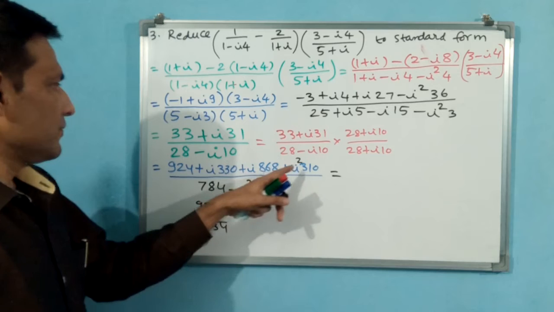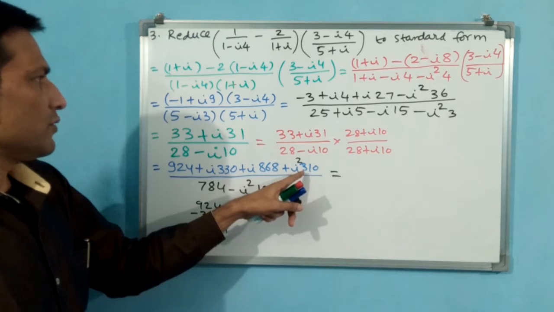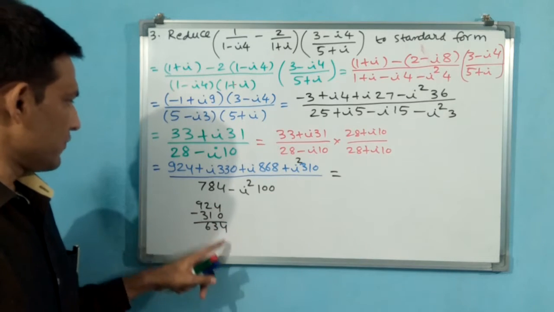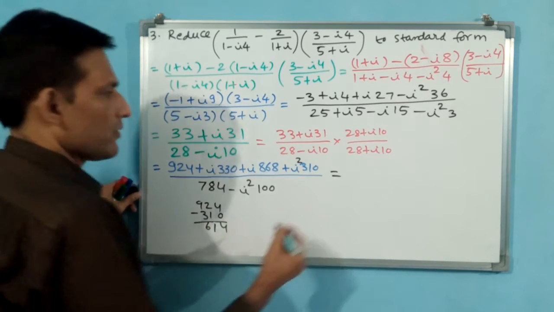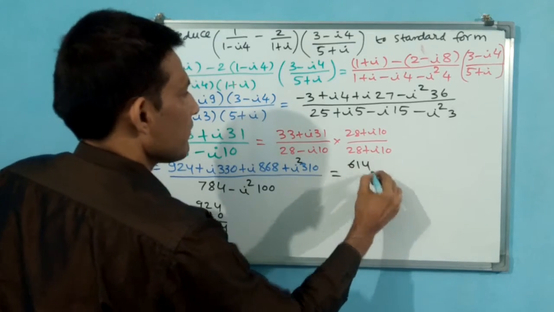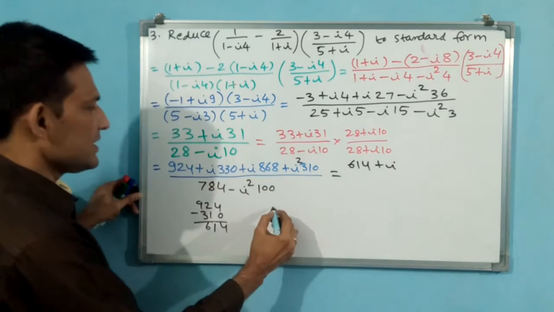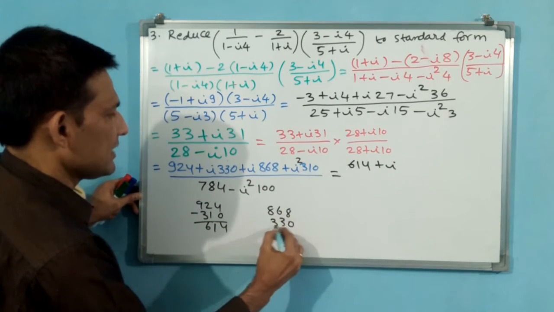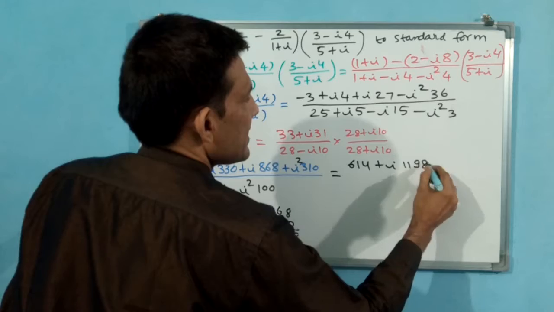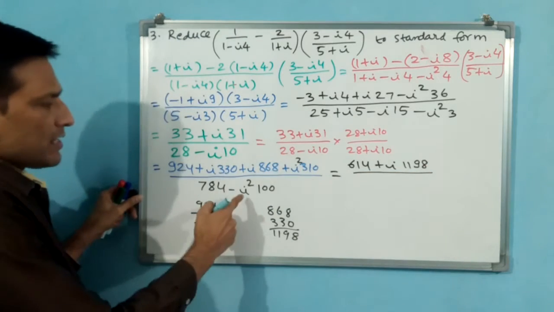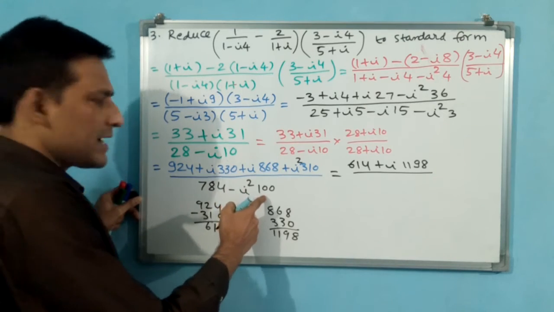I square 330, 924, this is going to become minus 330. 924 minus 330, 594. Okay, plus I. Why? Because I is plus 330, 868. 868 minus 310, 558. Divided by, okay, I square is minus 1, minus of minus plus, 784 plus 100, 884.